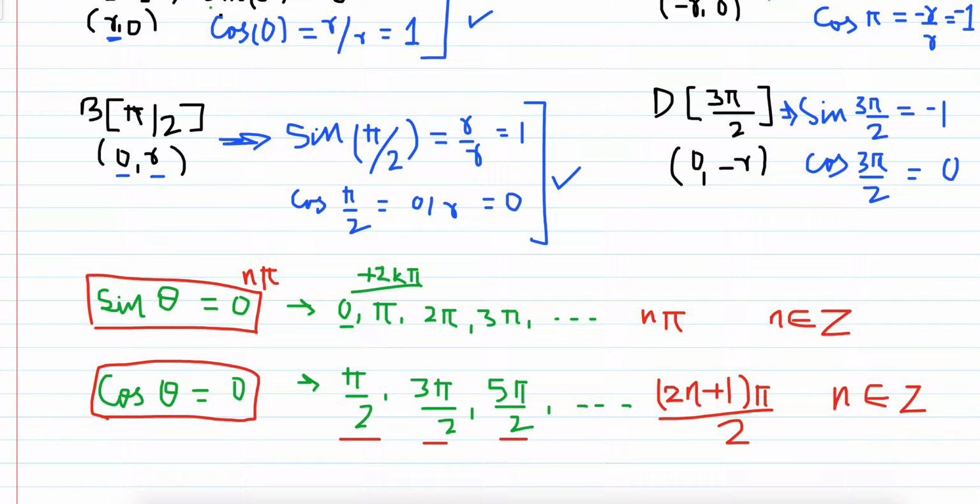So this form we should remember, it will be helpful in solving our questions quickly. Otherwise every time we will have to derive these. So sine theta is 0 at n pi, cosine theta is 0 at 2n plus 1 by 2 pi.